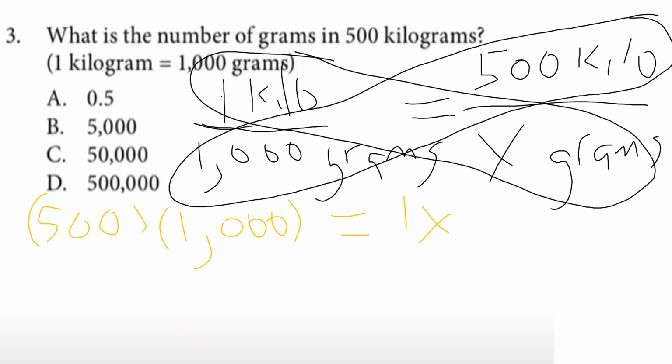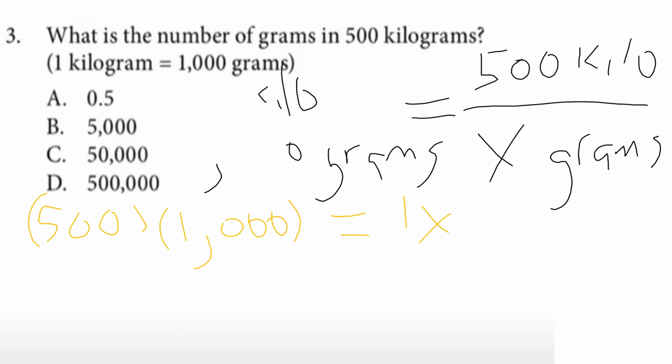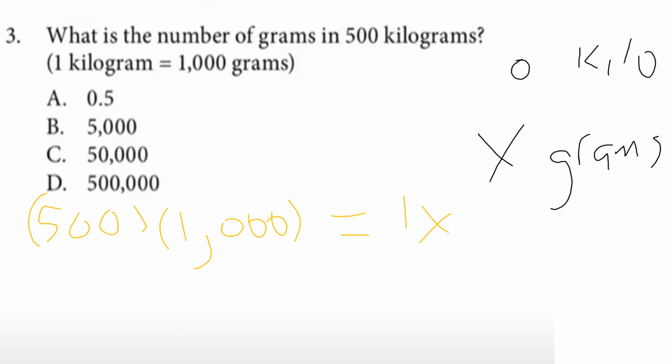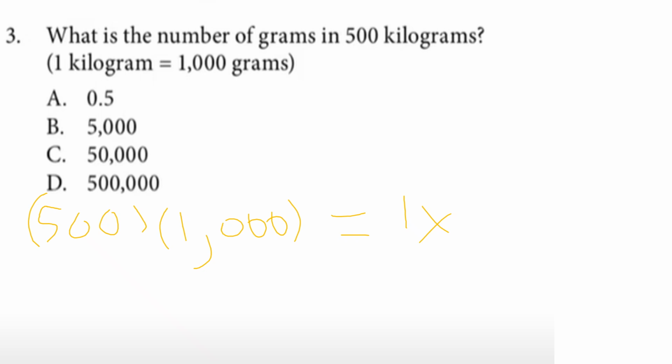So next, what we're going to do is multiply 500 times 1,000, and I'm going to do this without using a calculator because sometimes they don't give you a calculator in the Accuplacer test. So I want to let you know how to do this math problem without using a calculator.